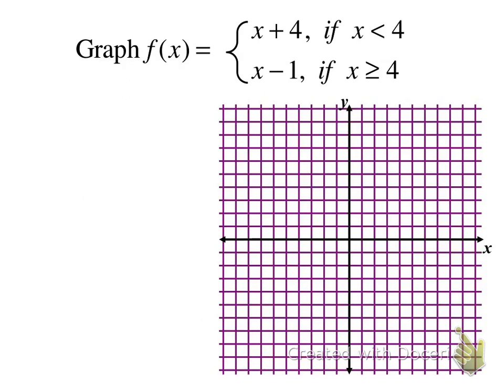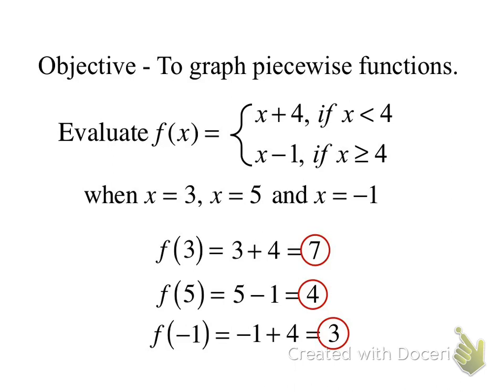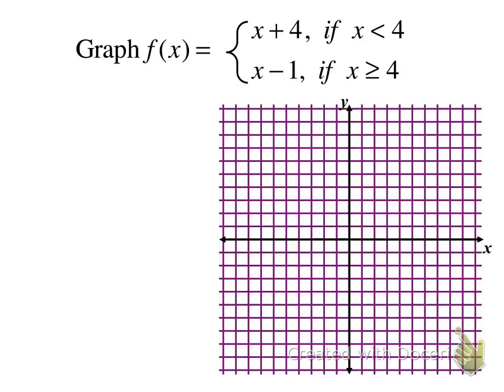Okay, now they're going to ask us to graph the piecewise function. When graphing the piecewise function, we've got two functions that we're graphing. So let's take the first one. The f of x, let's just go y equals x plus 4.